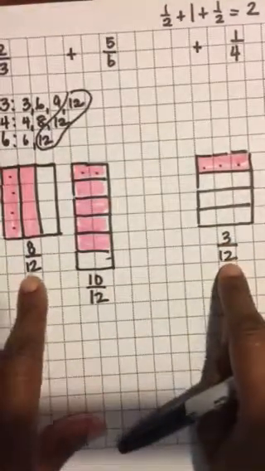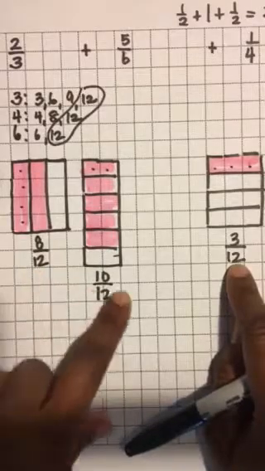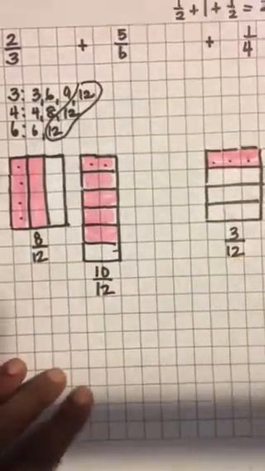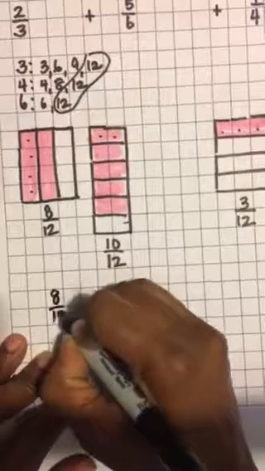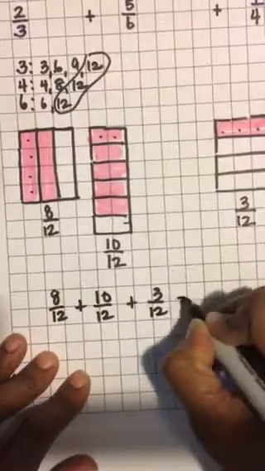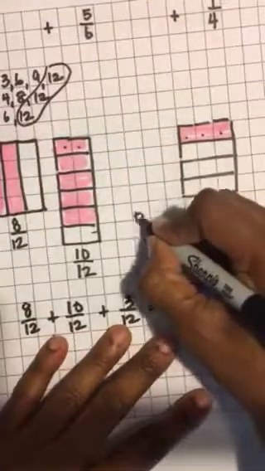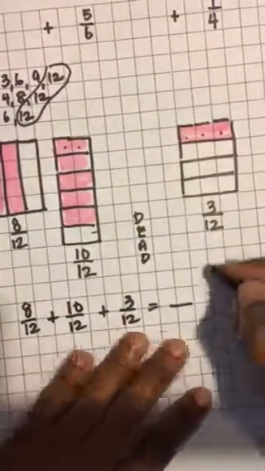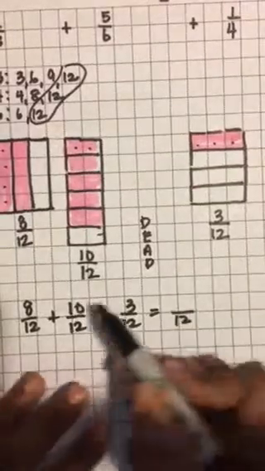Now I can add my addends because they all have the same denominator, 12. So that would be 8 twelfths plus 10 twelfths plus 3 twelfths. And we don't ever add denominators, so I rewrite the 12.